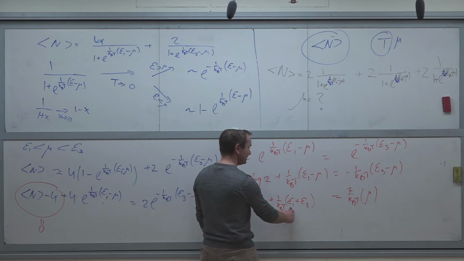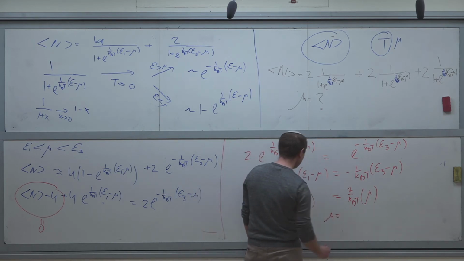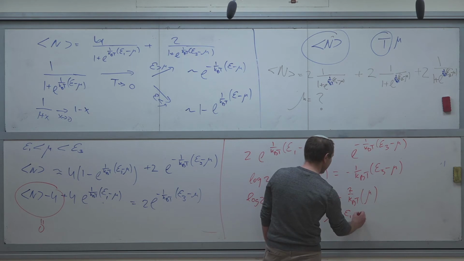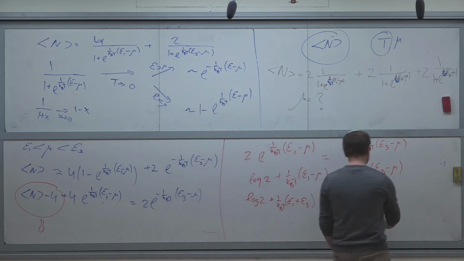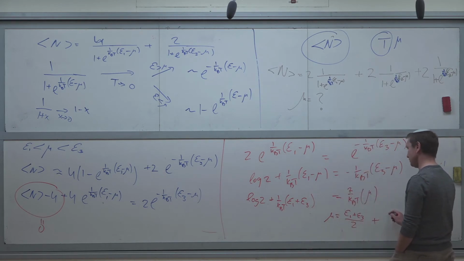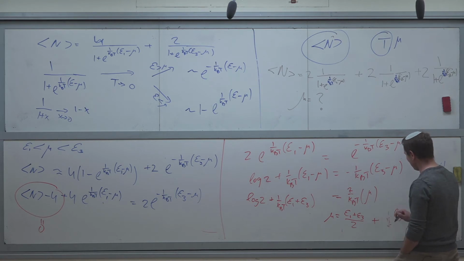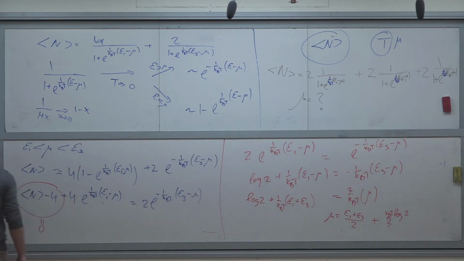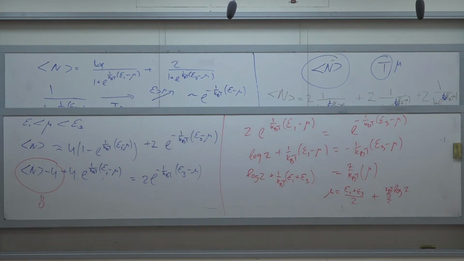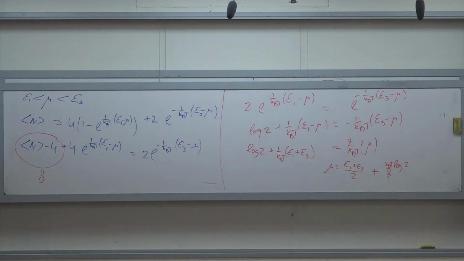So from this we obtain that mu equals (epsilon 1 plus epsilon 3) divided by 2, plus 1/2 log of 2 times k Boltzmann T. Okay. So the exact prefactor is not really important.